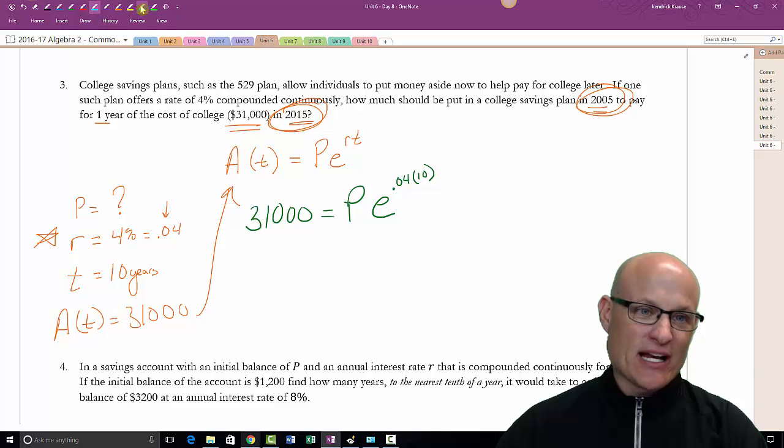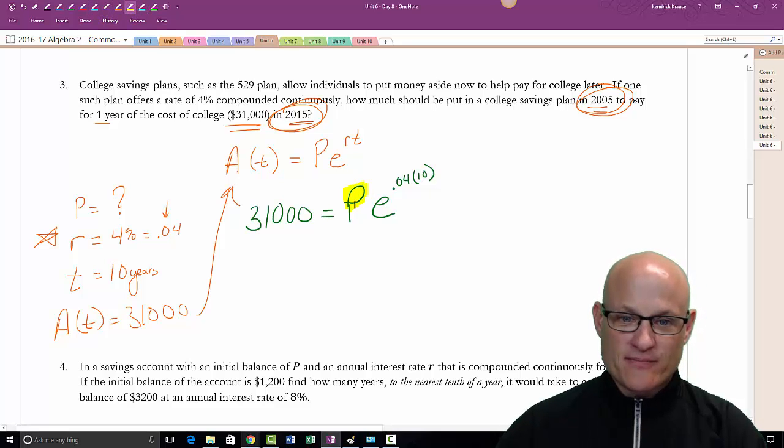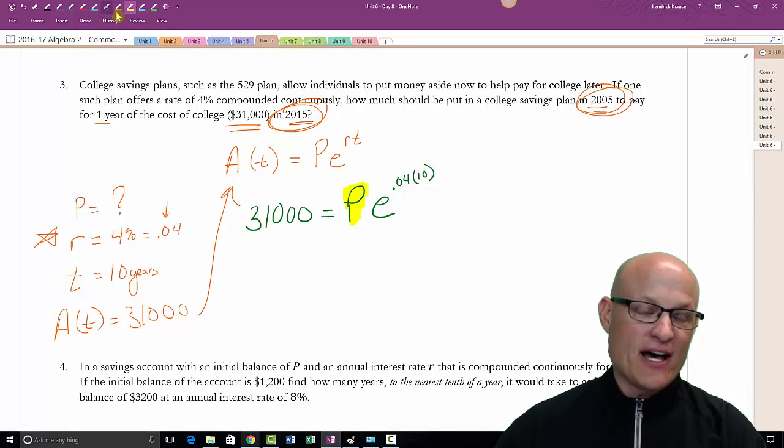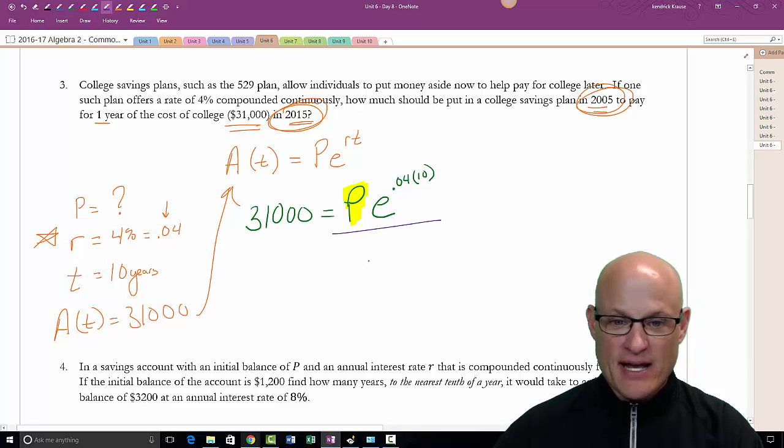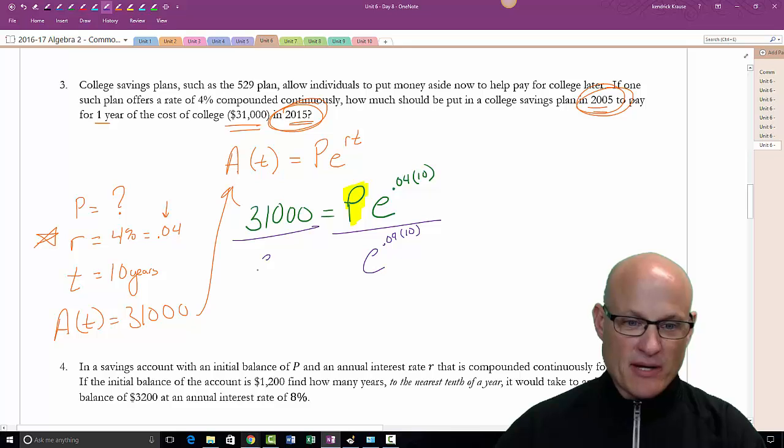It is not. The only thing I want to know is what this is. So I have to divide by this mess, e to the 0.04 times 10, which is really just 0.4. So I'm going to divide both sides by that, e to the 0.04 times 10.